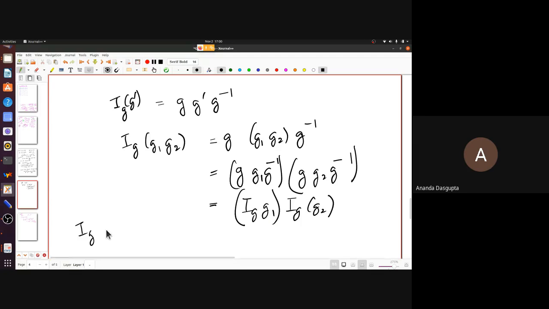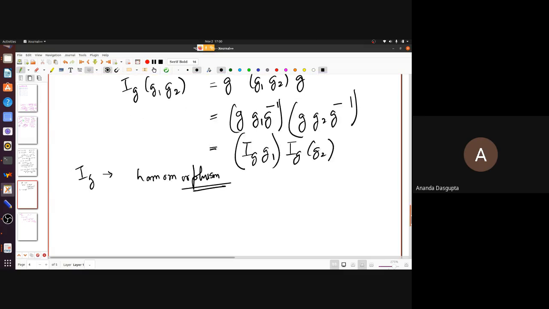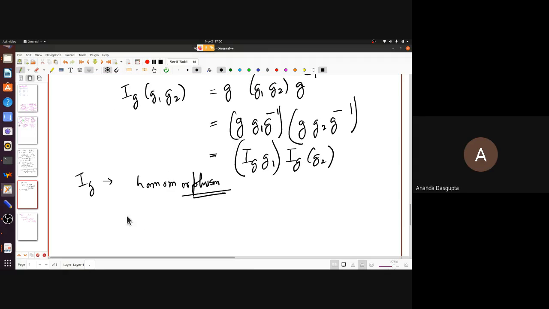So Ig is a homomorphism, but it's also an isomorphism. How do you show that? It has to be one-to-one and onto. Onto part I will leave you to worry about.